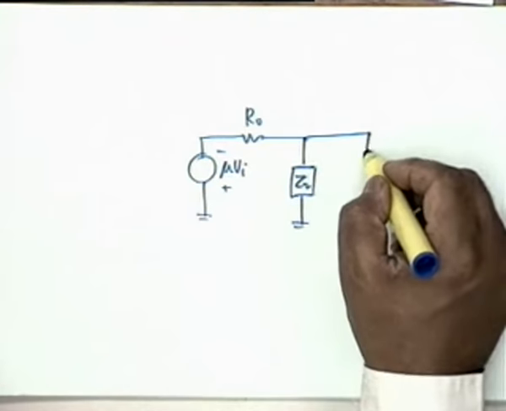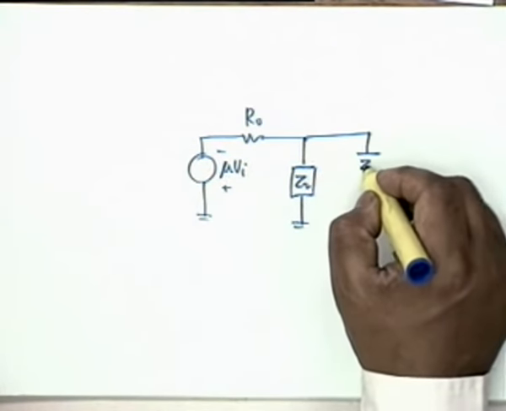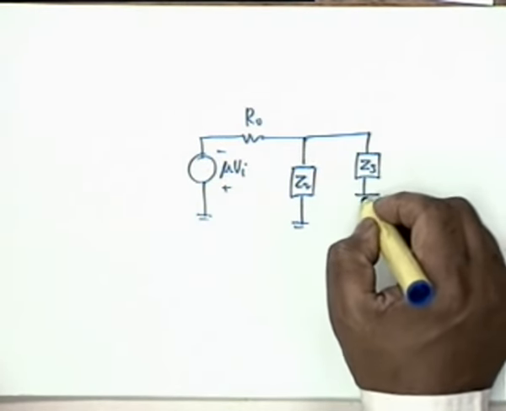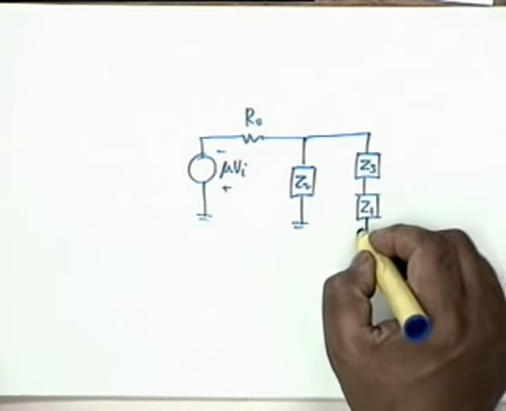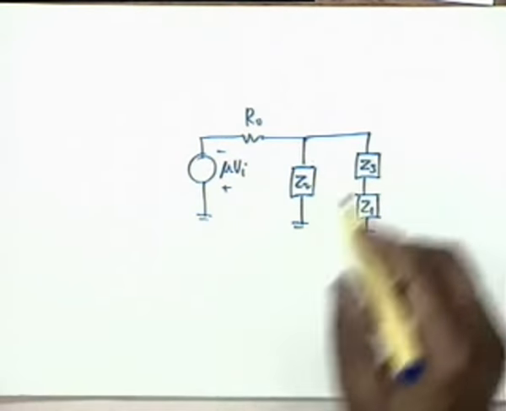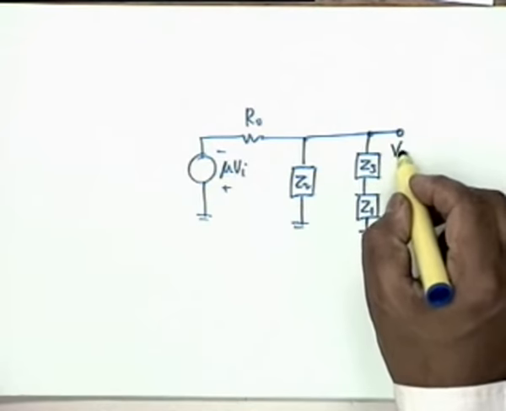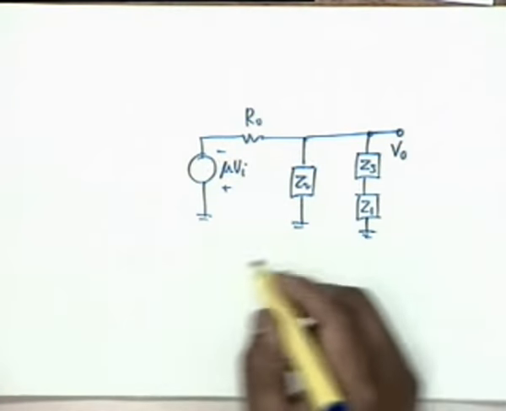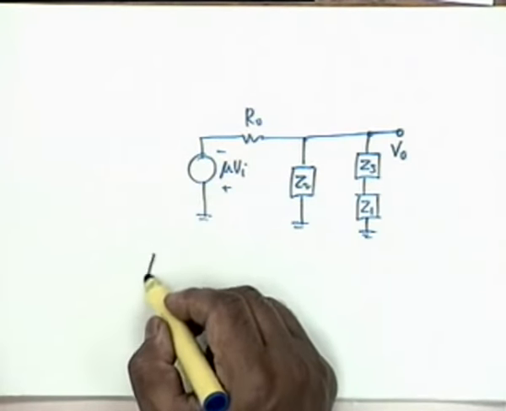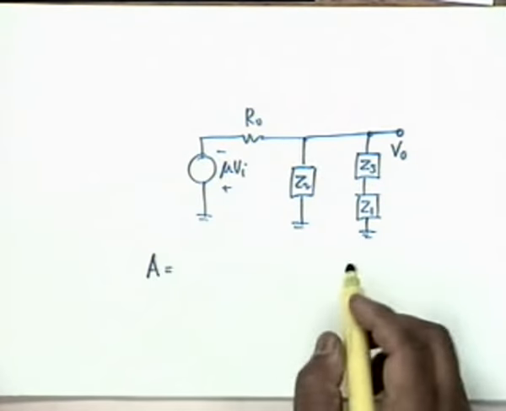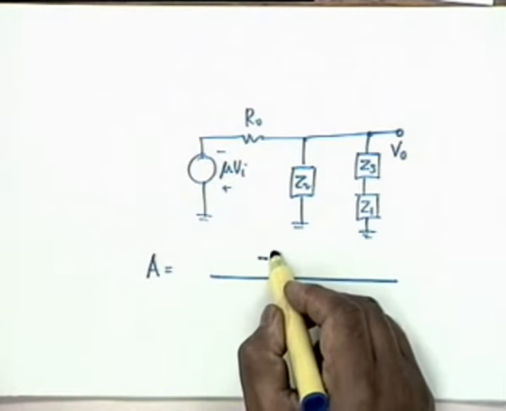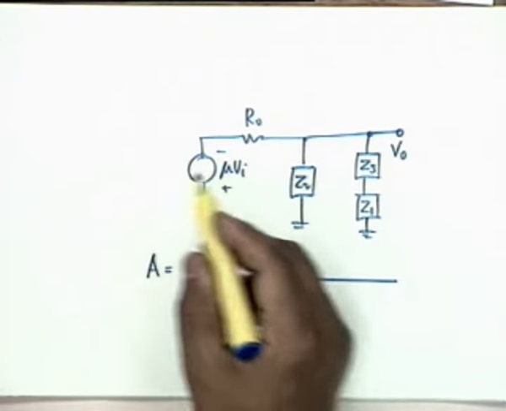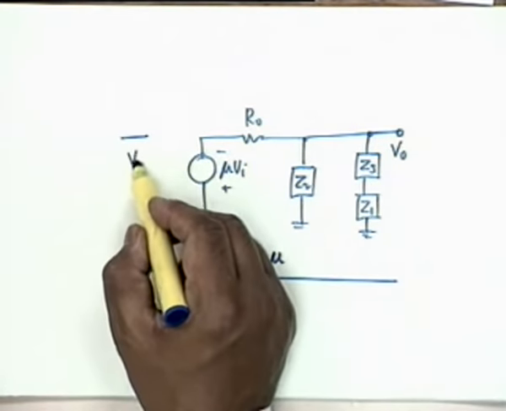And then we have Z3 and Z1. The other end of Z1 is also grounded, and this is my V0. Okay, so this is the A network, and therefore the gain A would be equal to minus mu, the gain I am finding with respect to Vi.